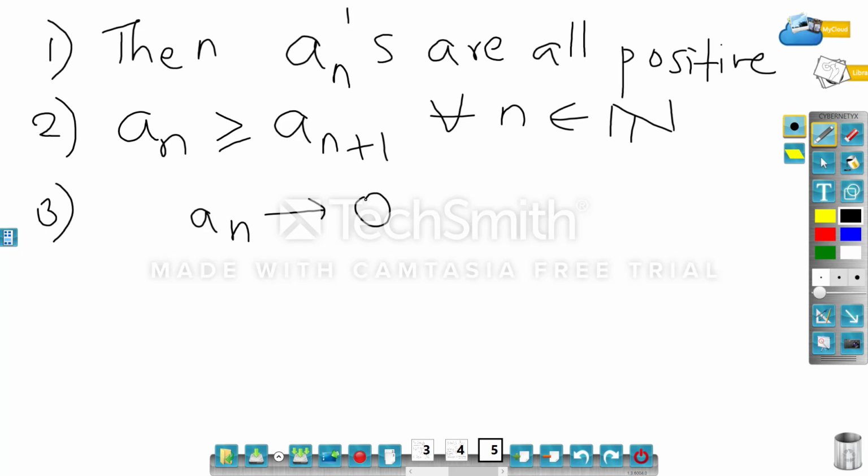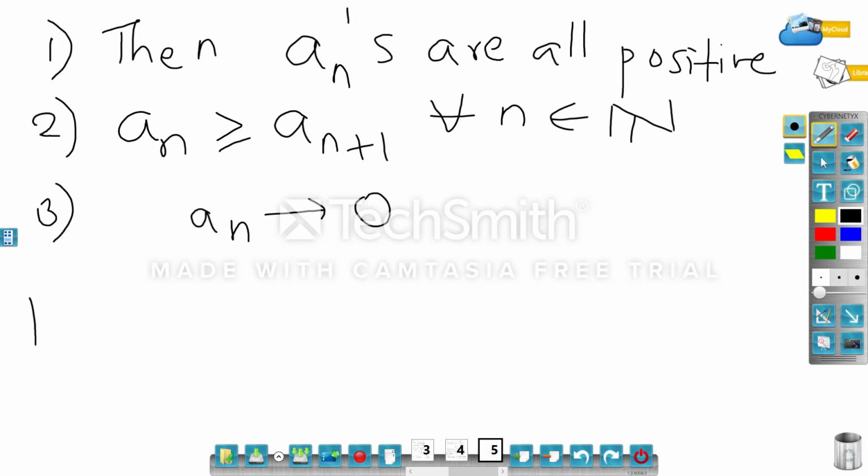By taking the sequence of partial sums, I will take the sequence of even partial sums and the sequence of odd partial sums, and I will show that both sequences are convergent. If the sequences of odd and even partial sums are convergent, then we can say that the sequence itself is convergent, and that would imply that my series is convergent. So let's prove the theorem.